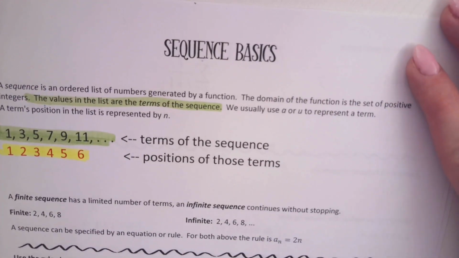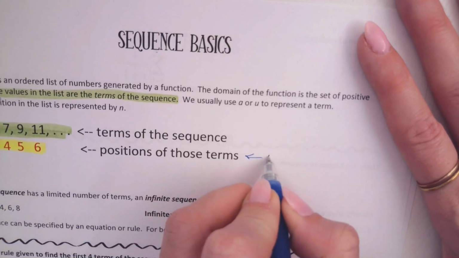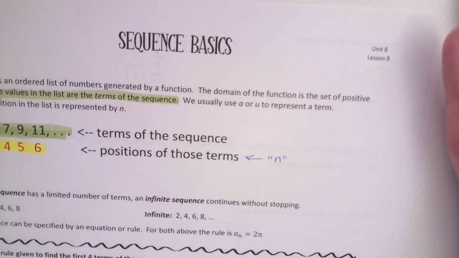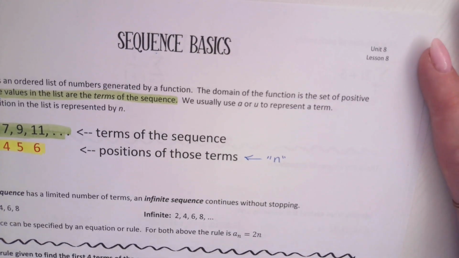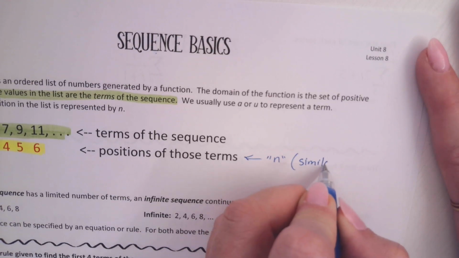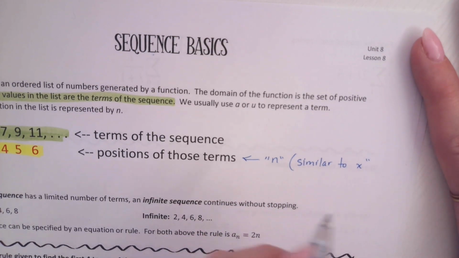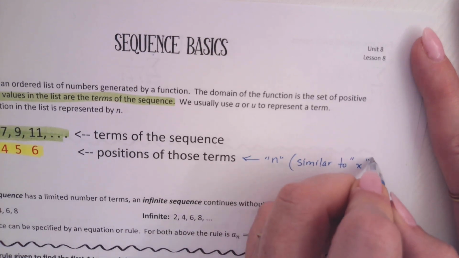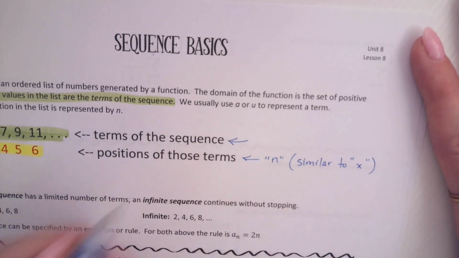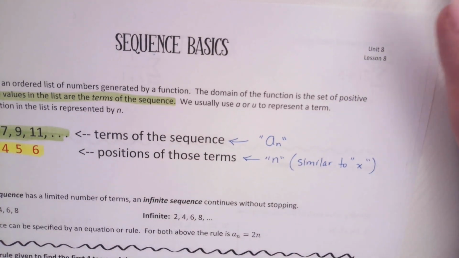The bottom numbers, we use the variable n to represent these. It's kind of just like an x value, just instead of x, we use n for sequences. And then the top number, the actual sequence, we usually use a with a little subscript on it, a_n, like that for sequences.